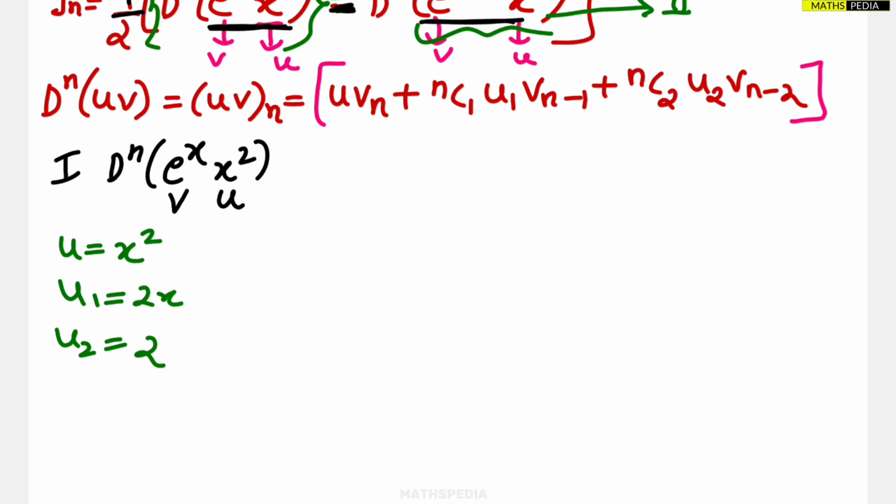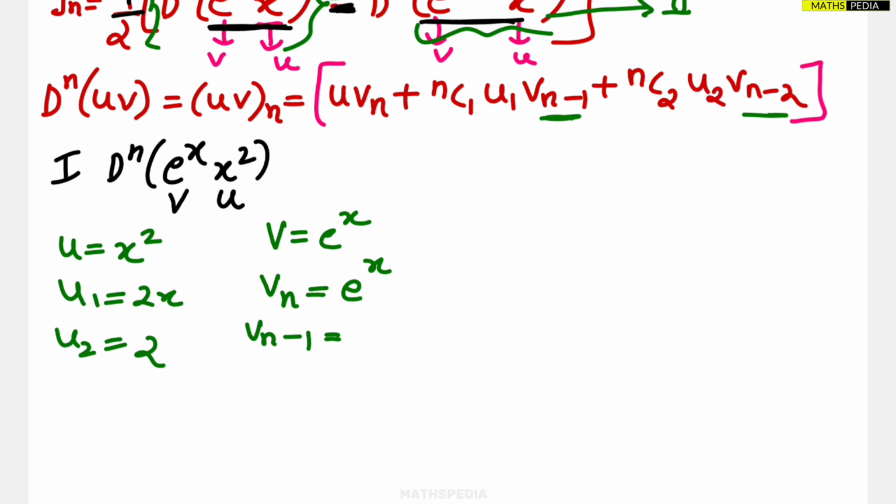Done. Next. v value is e power x. So what is v n? The nth derivative of e power x is what? e power x only. Because when you differentiate e power x n number of times, you will get e power x only, right? So v n is e power x. What is v n minus 1 and v n minus 2? v n minus 1 will be, wherever n is there in the function, there you have to put n minus 1.